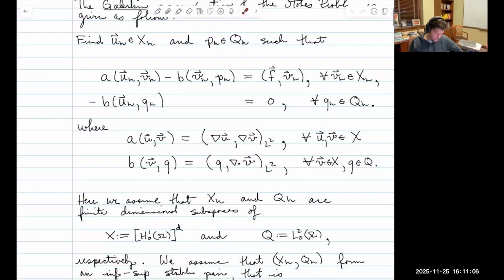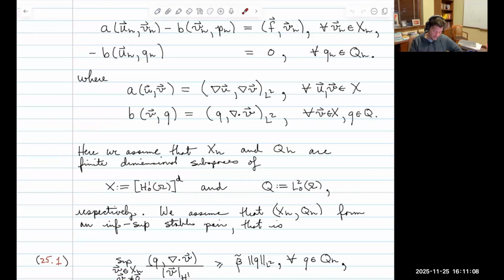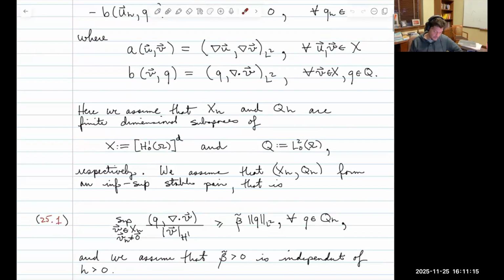That's the background. I've written those spaces here, so you can quickly see that the velocity space is here and the pressure space is here.